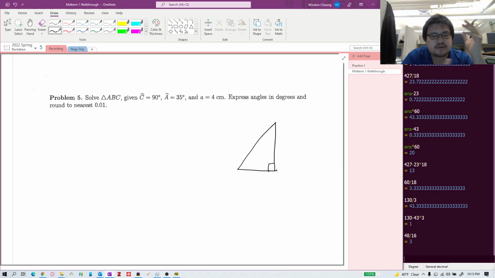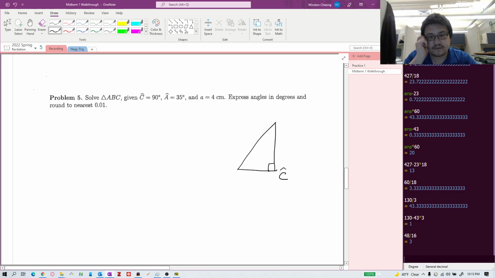They didn't label things correctly. It comes down to what's given to you. With a problem like this, you're told a 90-degree angle, and that 90-degree angle has to go where the 90-degree angle is in your diagram. Okay, so C has to go here.